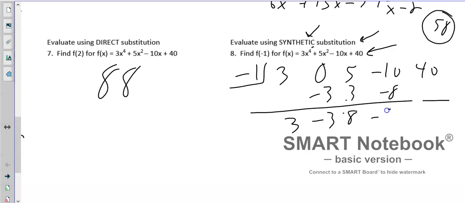Add straight down. Multiply by -1. Add straight down. And there is my number that matches what the calculator told me. So even though it says use synthetic, you can use direct on the calculator to help you make sure you got the right answer.